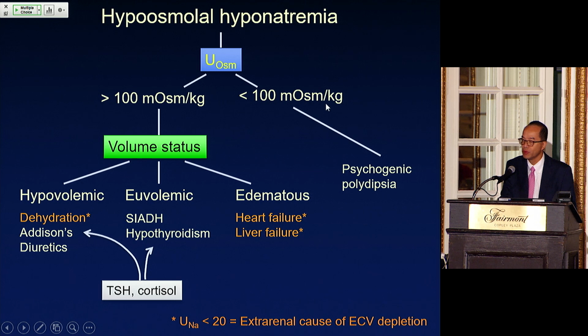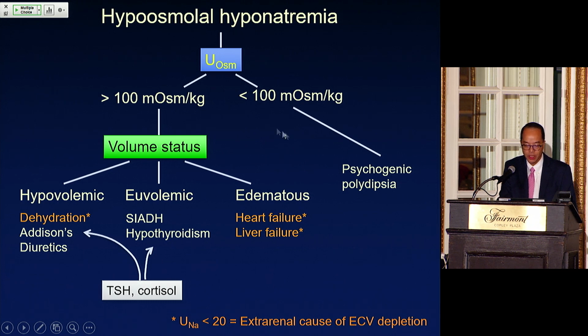It's got to be less than 100. And if that's the case, the most common cause is psychogenic polydipsia, patients that are drinking water faster than their kidneys can excrete it. Also with the same clinical picture would be low solute intake, for example, patients with beer potomania. I haven't seen a case of this on the board questions, but in theory, they could ask about that.